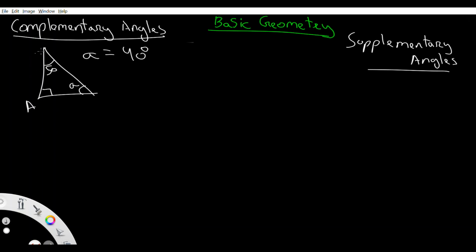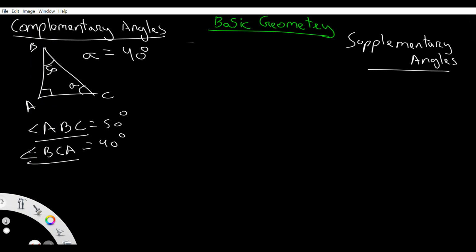And let's name this A, B, and C. So angle ABC is 50, and angle BCA is 40 degrees. So we can say that angle BCA and angle ABC are complementary angles because they add up to make 90 degrees.